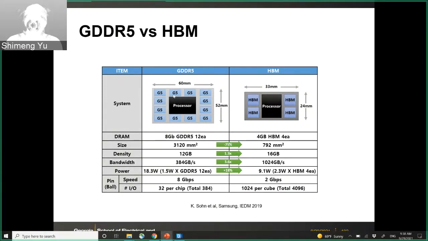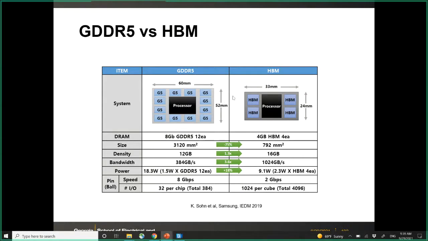You can have 8 gigabit GDDR5, and you have 12 of them placed around the processor's core, or you can have 4 of those 4 gigabyte HBM stacks.